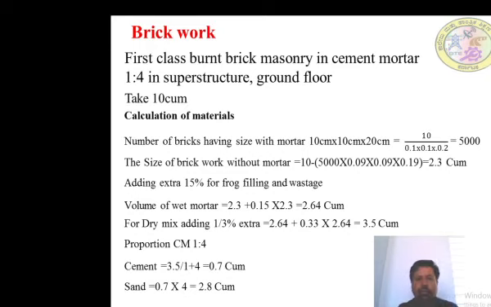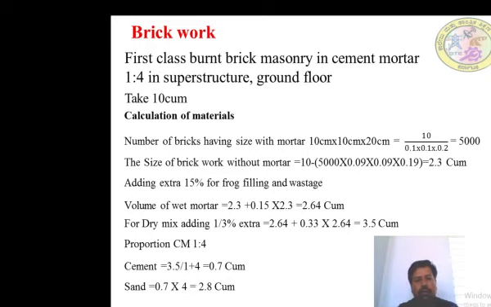The size of brick without mortar, modular burnt brick, is 0.19 by 0.09 by 0.09. So 5,000 numbers of bricks into modular brick size equals 2.3 cubic meter. Adding extra 50% for frog filling and wastages.